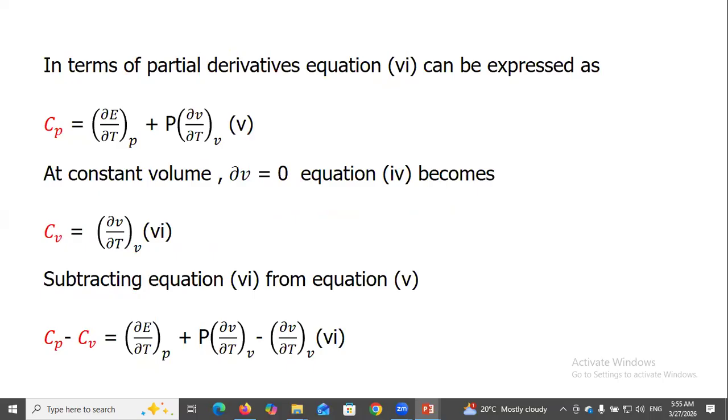In terms of partial derivatives, equation 6 can be expressed as Cp equal to (∂E/∂T)p plus P (∂V/∂T)p. At constant volume, ∂V equal to 0, so Cv equal to (∂E/∂T)v. Subtracting the Cv equation from the Cp equation, Cp minus Cv equal to (∂E/∂T)p plus P (∂V/∂T)p minus (∂E/∂T)v.